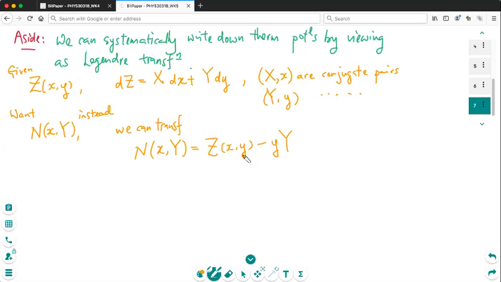You have done something like this, but you probably didn't question it much. In this case, this will give you the desired dN. So dN will be dZ minus y dY minus Y dy. The end result, once I plug this in, is that x remains the same, I don't want to change it, and the Y dy terms will cancel, as required.